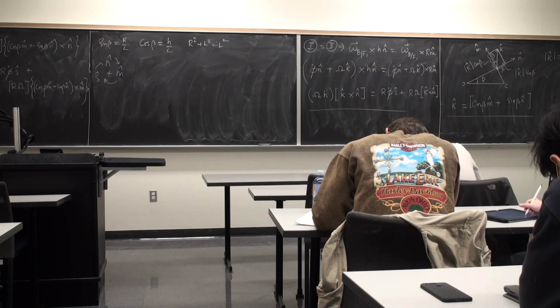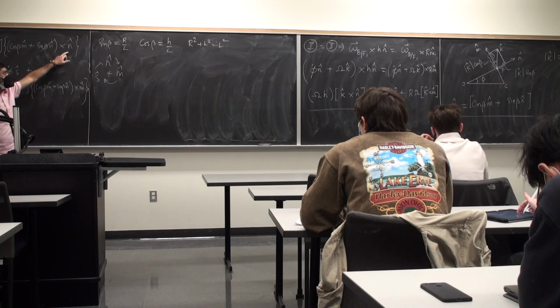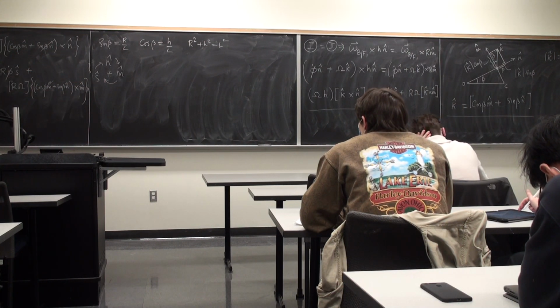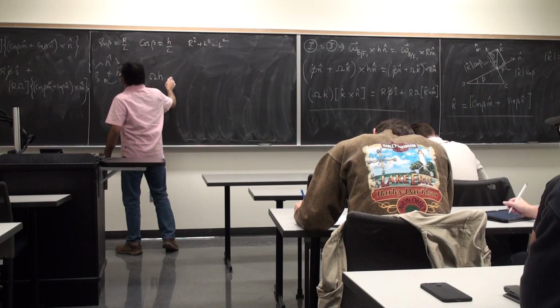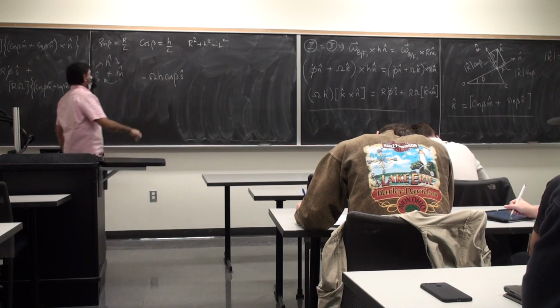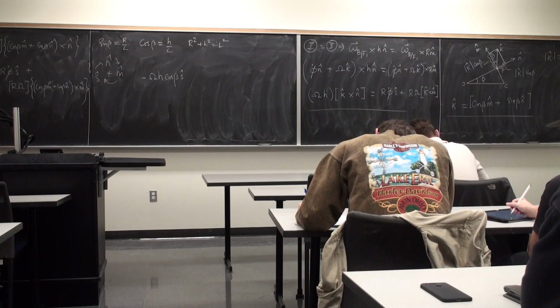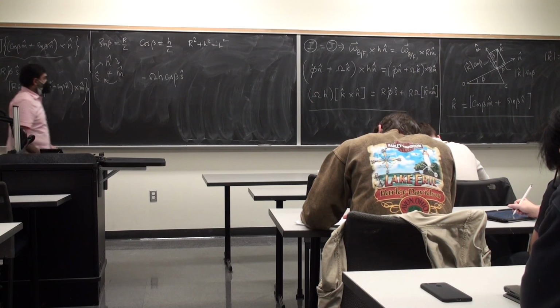So this is omega times h, cosine beta, m hat crossed with n hat is going to be minus s hat. Okay, so this first term is minus omega h cosine beta s hat.